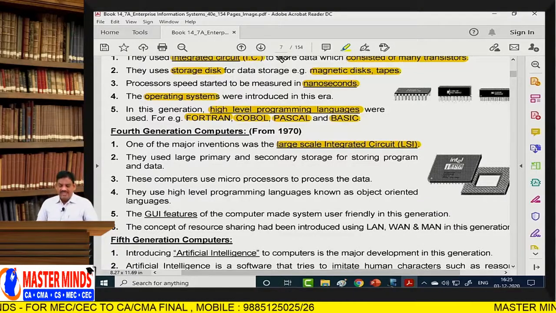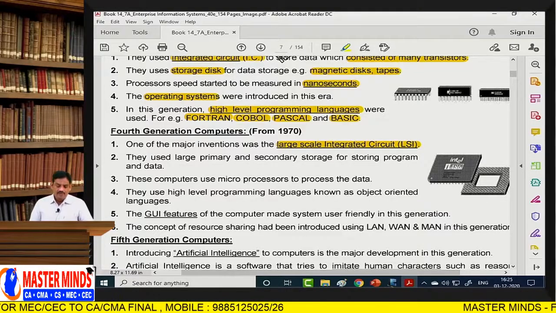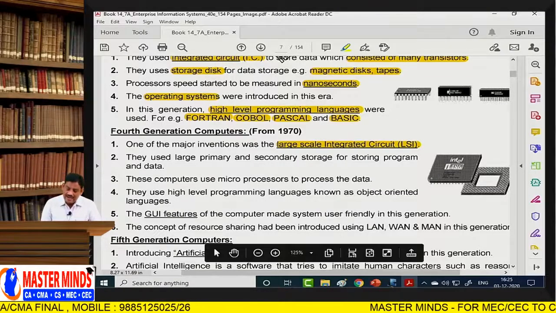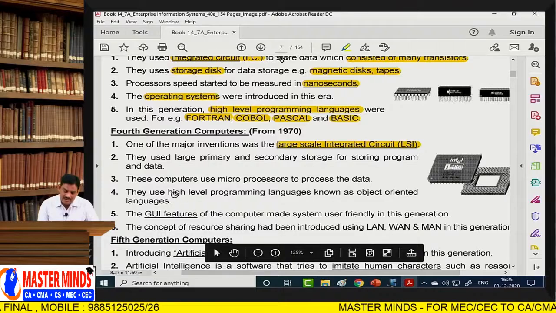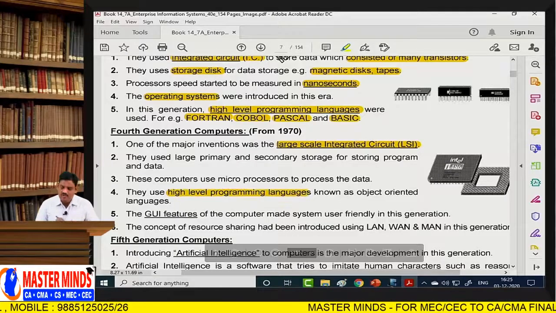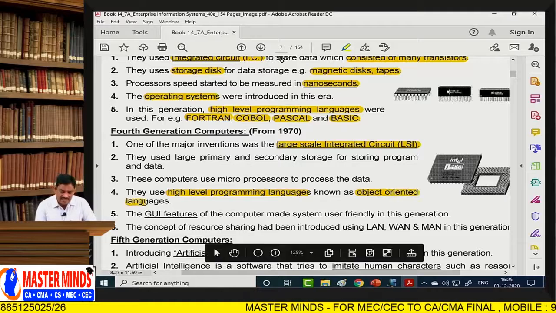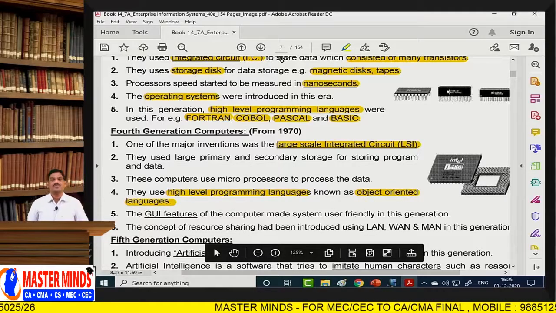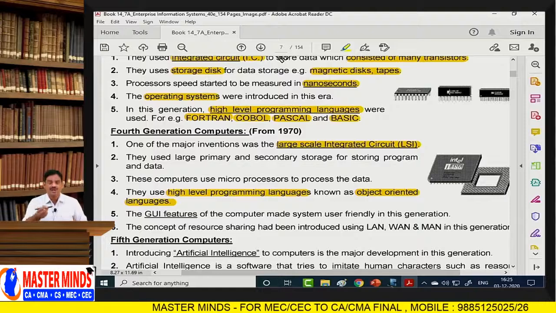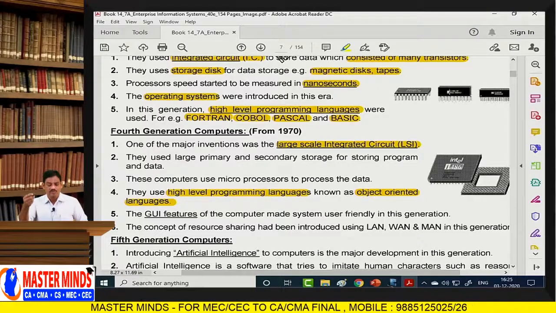The speed of these machines is in picoseconds, and here we need to write higher level programming languages such as object oriented programming languages. C++, Java, Python, .NET, all these are object oriented programming languages.